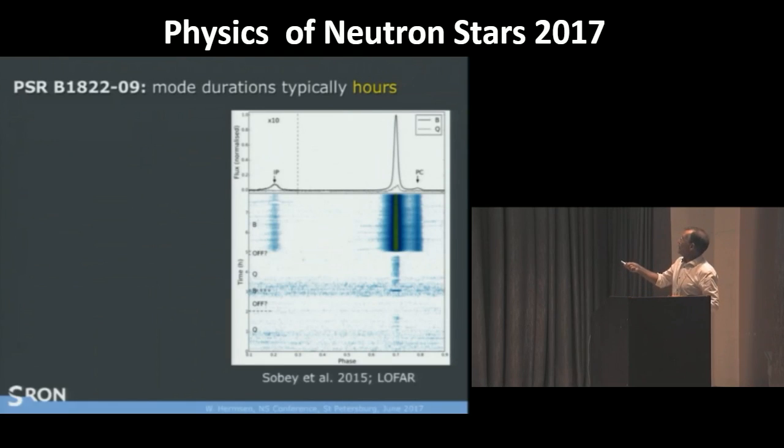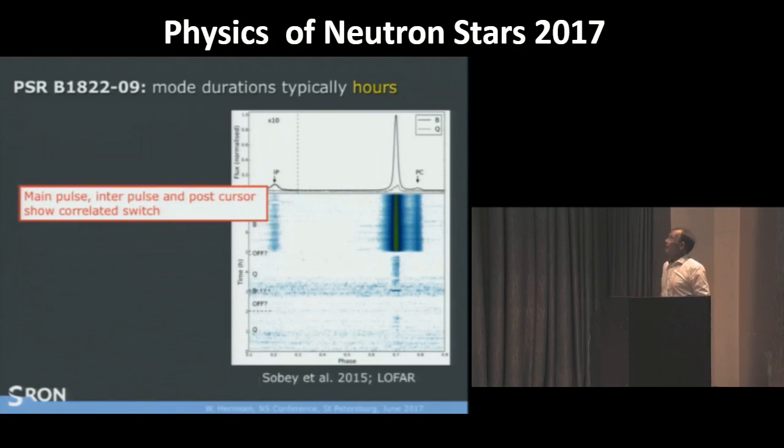In fact, sometimes they still say it appears to be off, that is nulling. So there are different states. For us, the Q state and off state we call Q state, and there's the bright state. Interesting, they're all different. Here the main pulse, interpulse, and post-cursor show correlated switches. They're all on or they're all off.